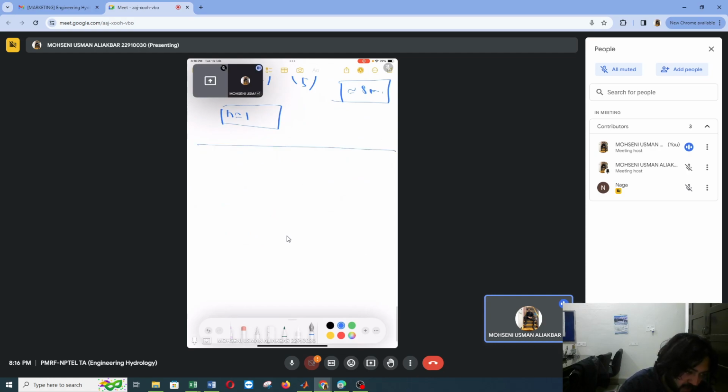The question that was given to us was: there is a catchment with each side 29 km, and we have a rainfall arrangement here. The rainfall at the center is A, then B, C, D and E, right?